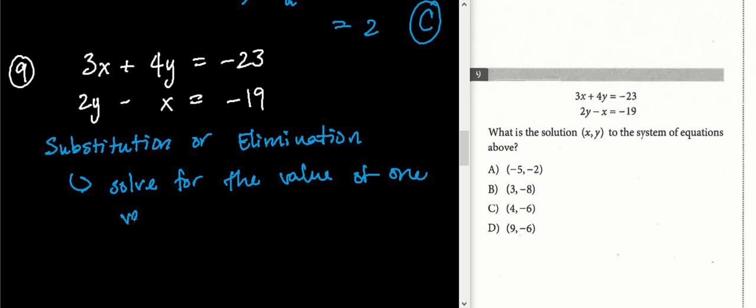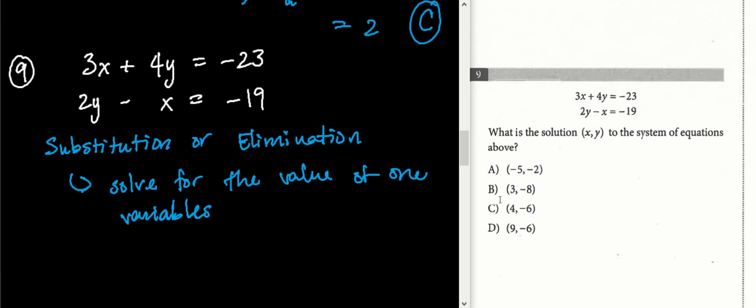The reason I bring this up is because if we take a look at our answer choices, we can reduce the amount of work we have to do by being intelligent about which variable we solve for first. For example, if you solve for y first and you find that y is equal to negative 2, then you know your answer is A. If you solve for y and you get negative 8, then you know your answer is B. But if you solve for y and your answer is negative 6, then there's this ambiguity.